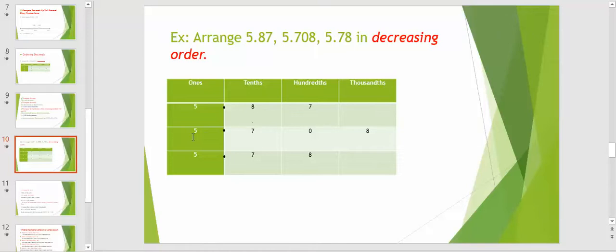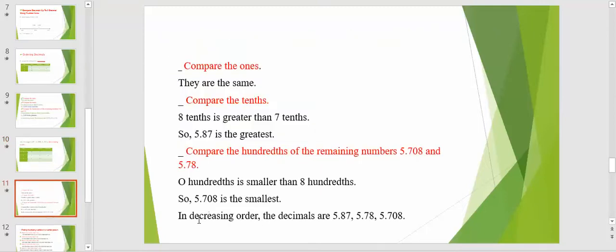And we compare the next two numbers. The 5 and 5 are the same, 7 and 7 are the same, but 0 and 8 are different, so 0 is smaller. So 5.708 is the smallest. So we get the answer: in decreasing order, the decimals are 5.87, 5.78, and 5.708.